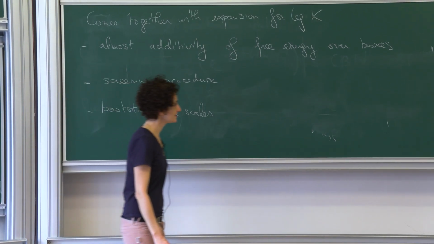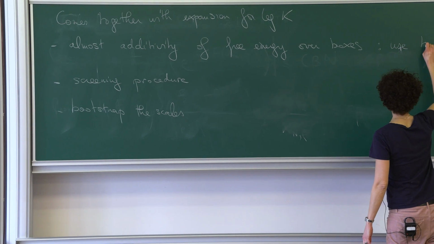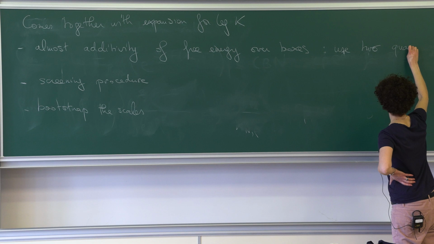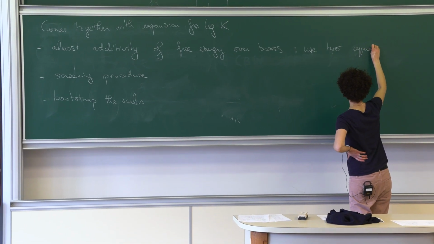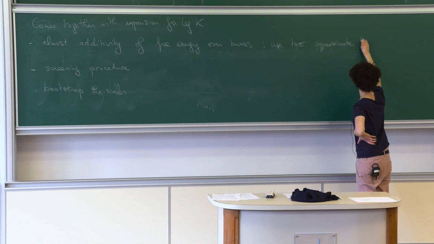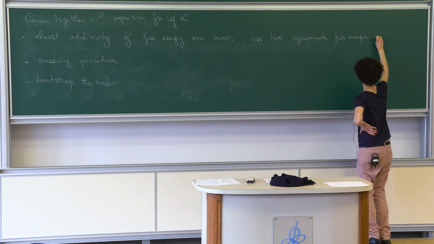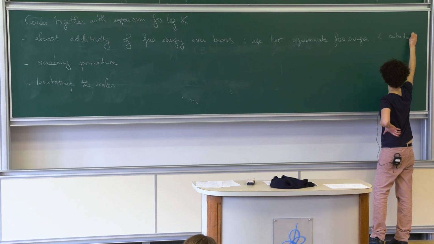The almost additivity is going to come by using two quantities, let's say two approximate free energies. One that's subadditive and one that's superadditive.